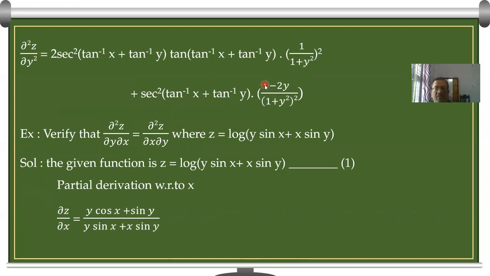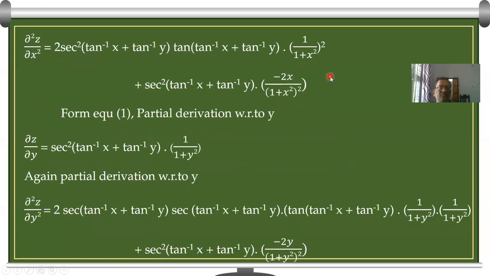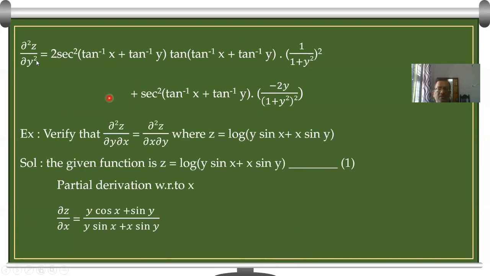Now here we calculated only two values, not four values. Second order partial derivative with respect to x, second order partial derivatives with respect to y, and the next with respect to x and y.